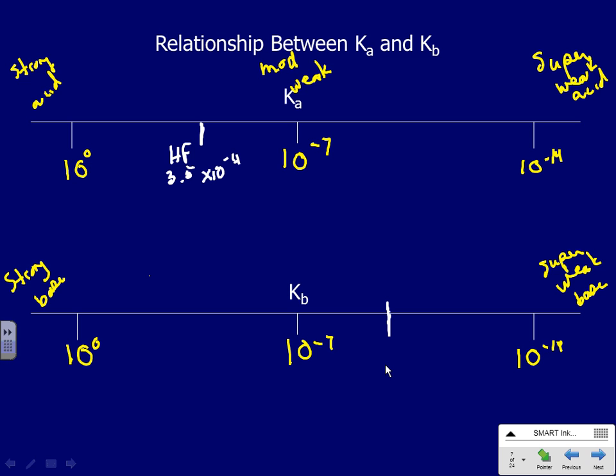It always will be that way, because we're always going to be using that equation Ka times Kb equals Kw, and that always gives you the same relationship that cuts across and gives you the conjugate base, all right? And I'm looking at the number, and I got 2.9 times 10 to the minus 11.